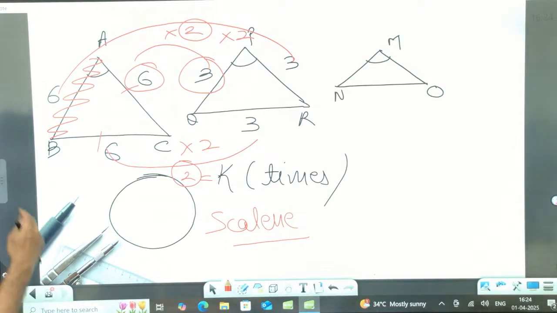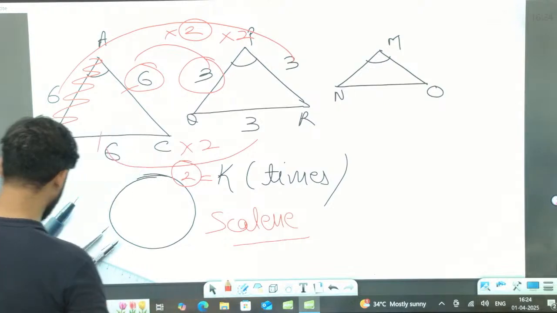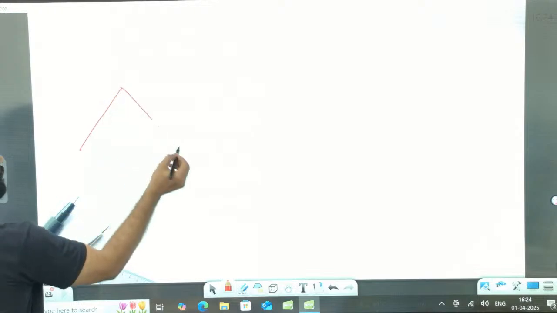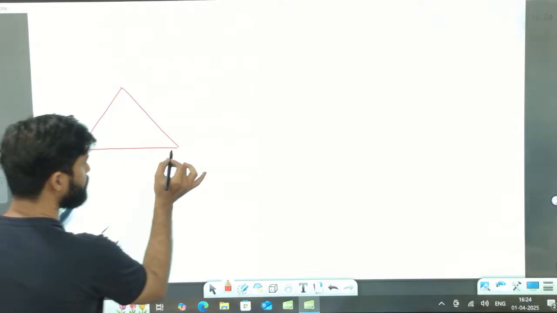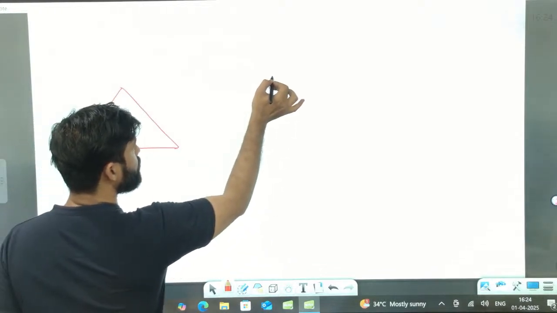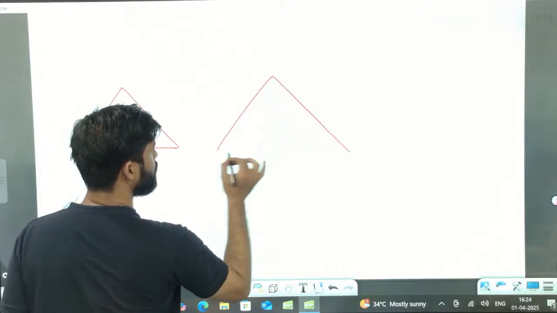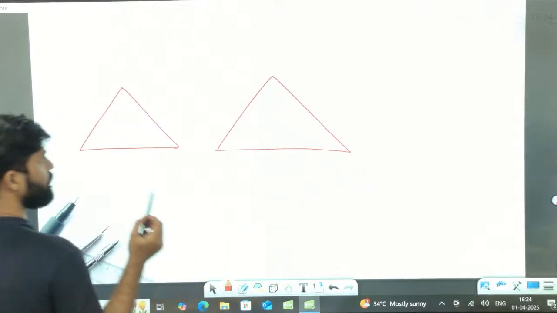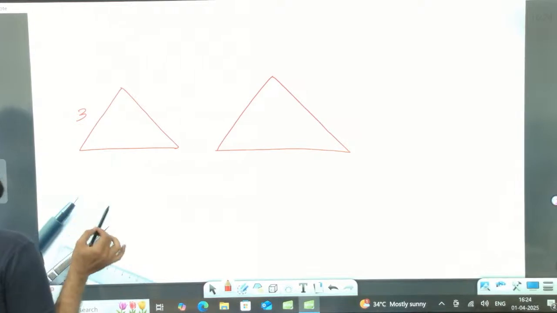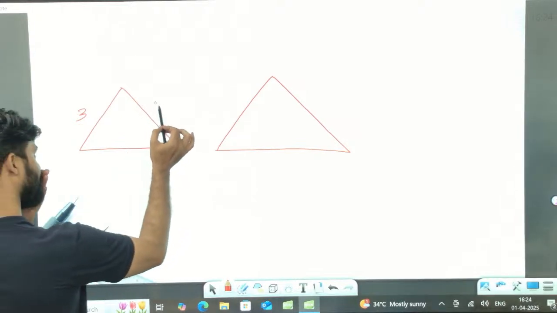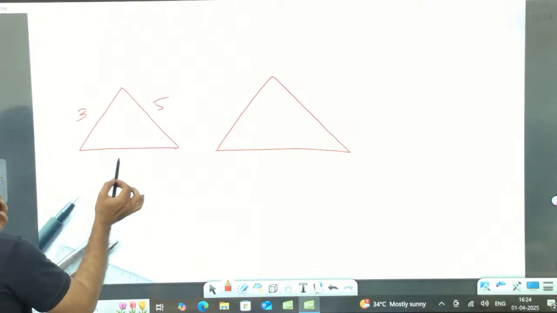Okay, I'm making two similar triangles. Sorry, two scalene triangles. This is 3, 5 and 6.